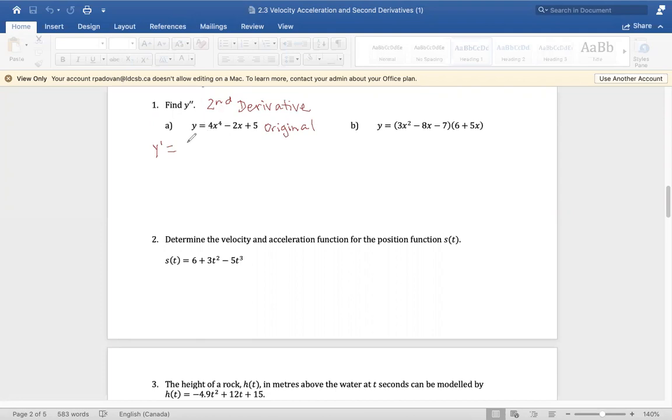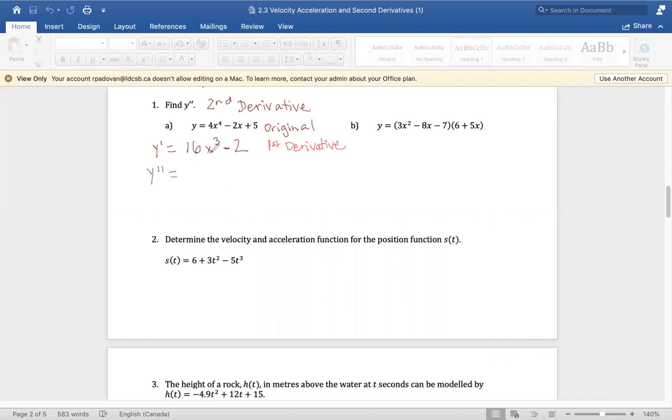4 times 4, 16x cubed minus 2. This is my first derivative, right? This is what we've been doing. Now, using that, I get my second derivative. So now I'm going to get y double prime, which is again 3 times 16.